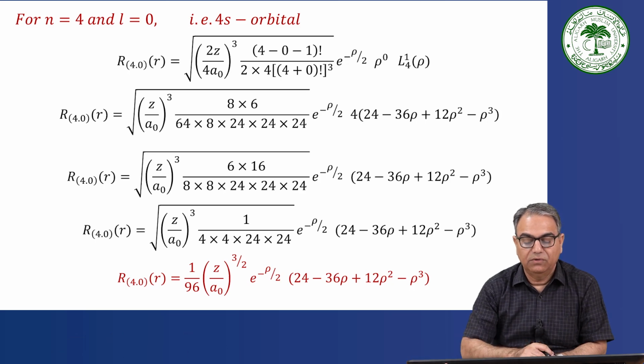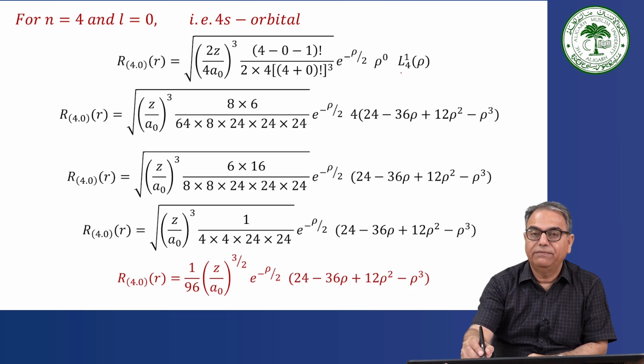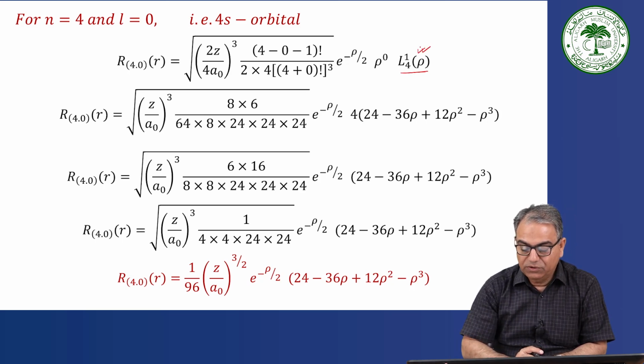Now the 4s orbital. L41 I also determined, so it is also in the table. For the 4s orbital, again you see it is 24 minus 36 rho plus 12 rho square minus rho cube.